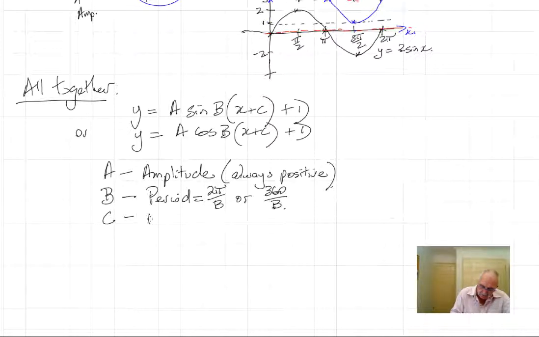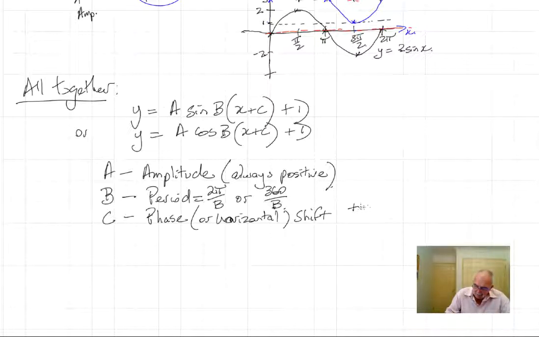C is the phase shift, sometimes called the horizontal shift, because it moves the graph sideways. If c is positive, you move to the left. If it is negative, you move to the right.